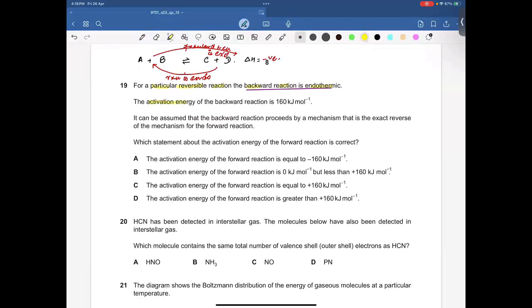The activation energy for the backward reaction is 160 kilojoules per mole. Okay, let me arrange the energy profile diagram here. This is energy, and this is progress of reaction.